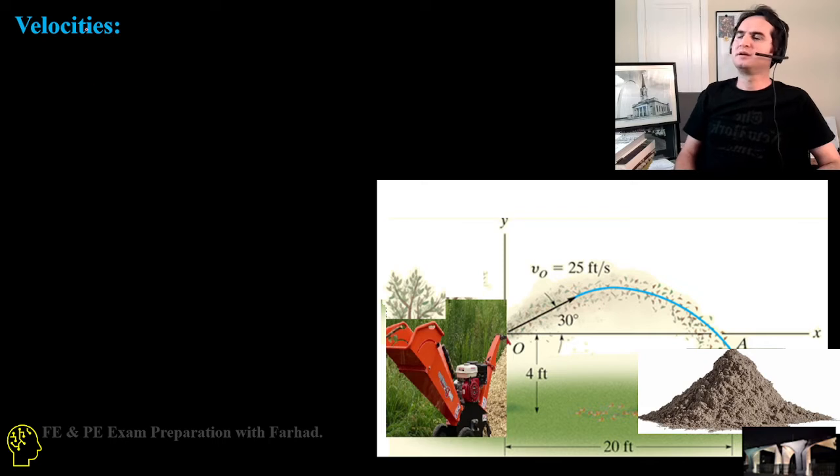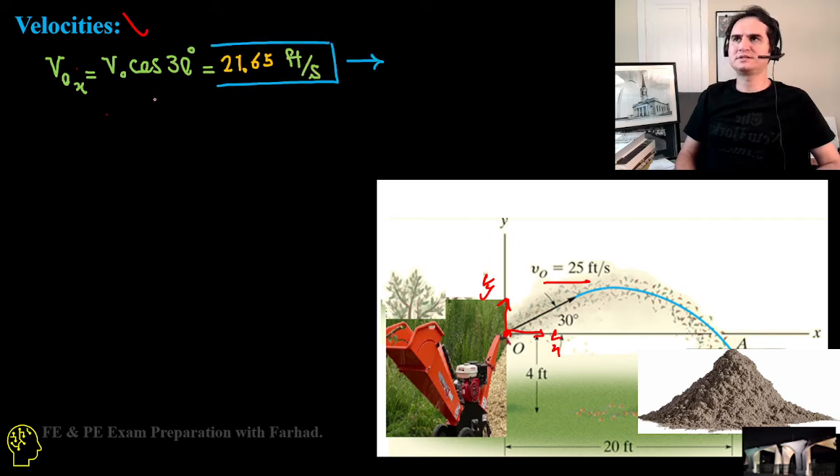So let's talk about the velocity first. Our velocity has two components, Vx and Vy. If V naught is 25 feet per second, then V naught x is V naught cosine of 30 degrees, which is 25 times cosine of 30, which is sine of 60 degrees.